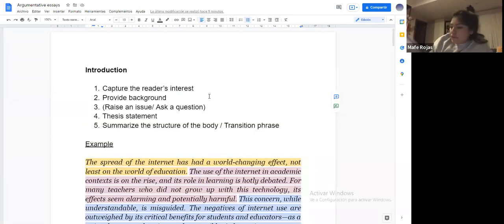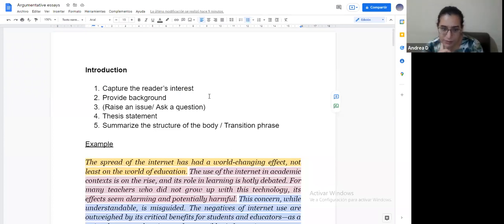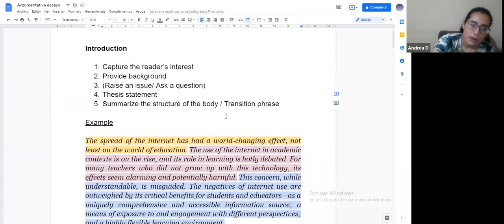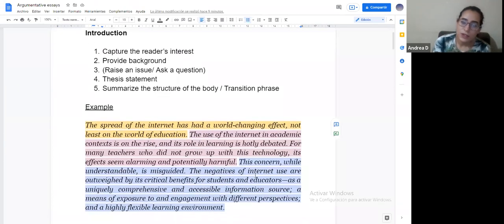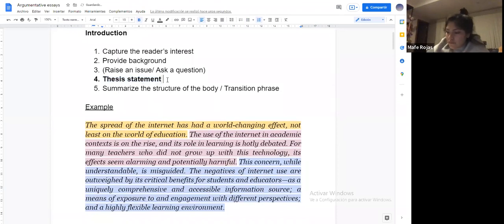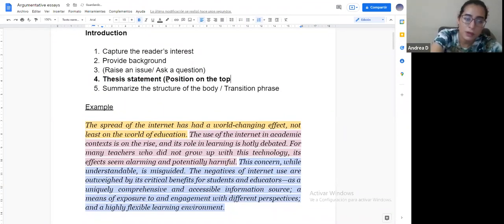Okay. So in the introduction, we were kind of looking at this yesterday, but now we're gonna see it in more depth. The basic thing is obviously gonna be your thesis statement, which basically means your position on the topic, or your opinion.